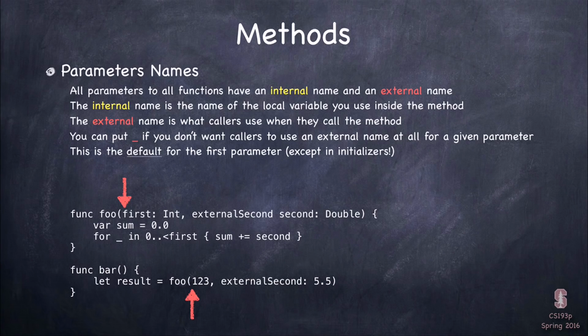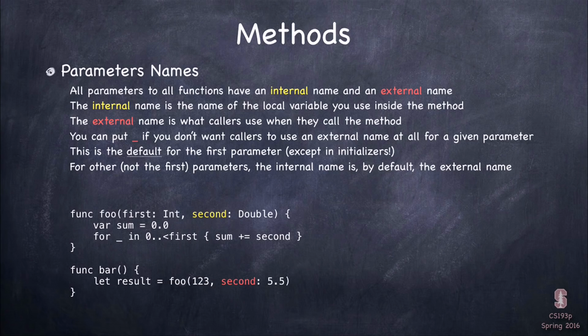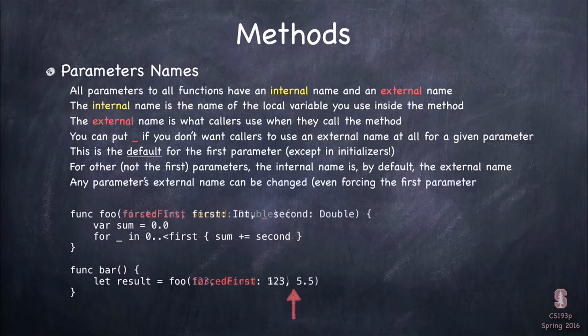By default, an underbar will be put there for you. Now you could specify an external name for the first. It's legal. I'll show you that in a second. But by default, underbar is the external name for the first parameter only. All the other ones, the default is the internal name. So if you don't have an external name, then it defaults to being the internal name.